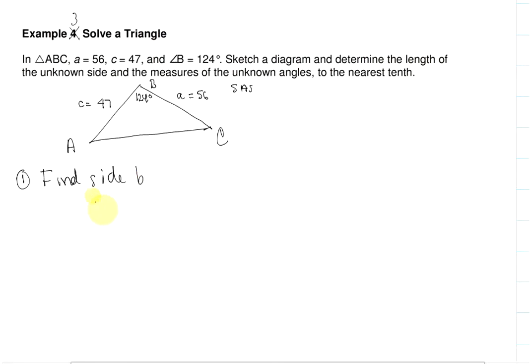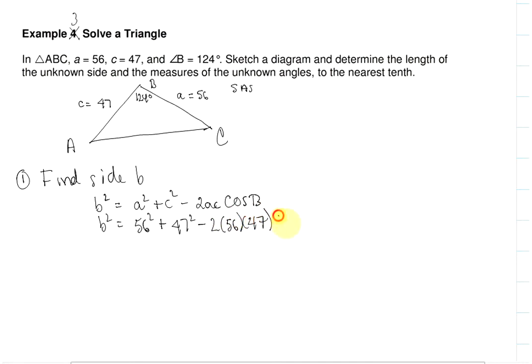Okay, so the version of the cosine law that I want is b squared equals a squared plus c squared minus 2ac cos of B. So b squared is equal to 56 squared, because that's a, plus 47 squared, because that's c, minus 2 times a, which is 56, times c, which is 47, times the cos of angle B, which is cos of 124 degrees.